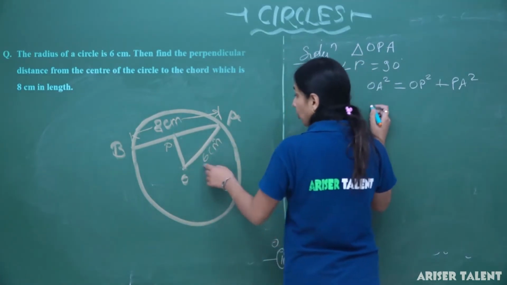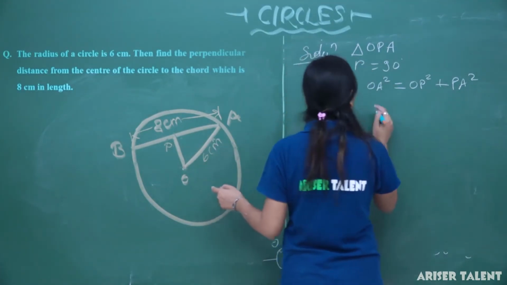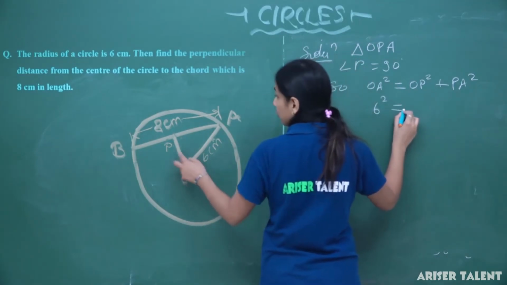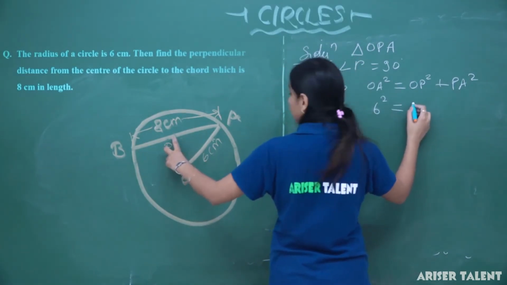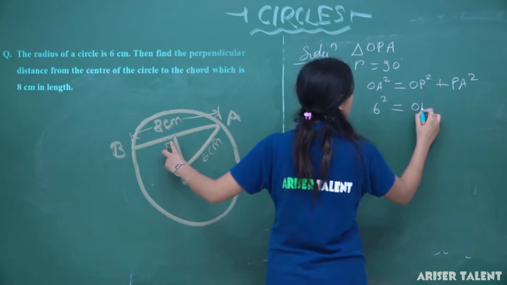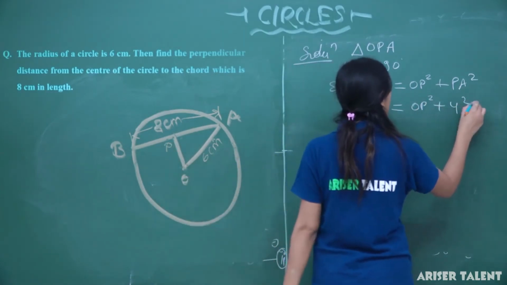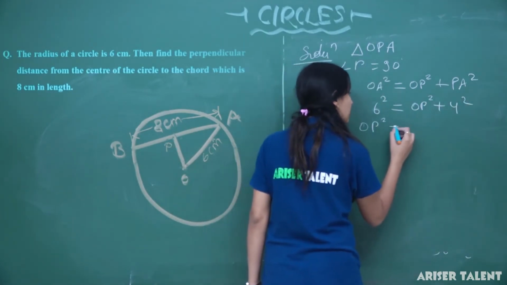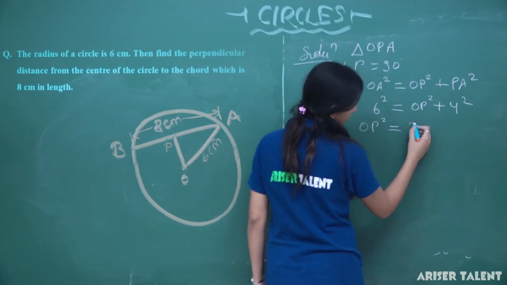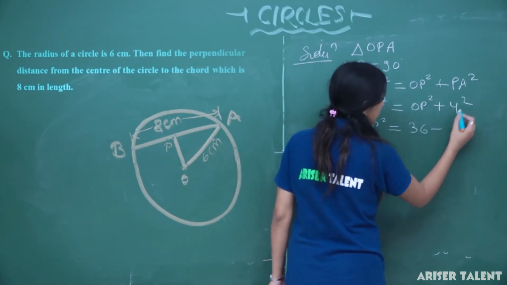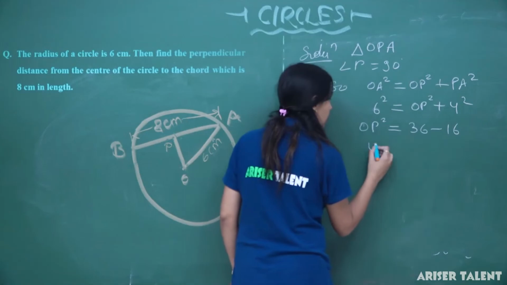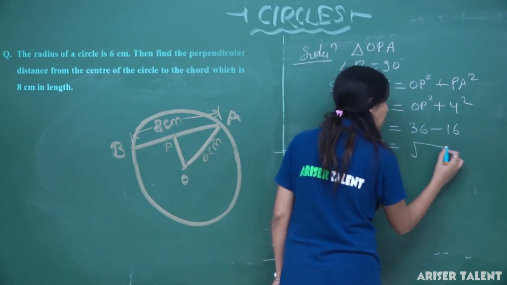So, can I write OA square, that is 6 square, equals OP, which we have to find out, square plus 4 square. So, OP square will be equal to 36 minus 16, that is 20. So, OP will be equal to root of 20.